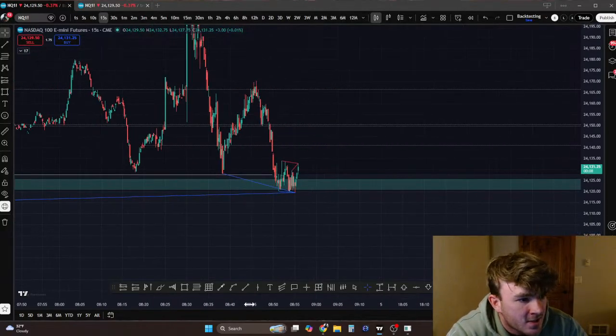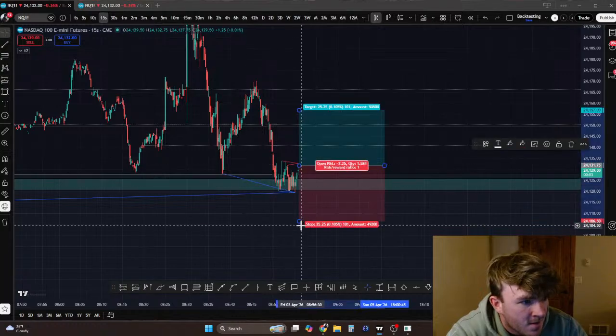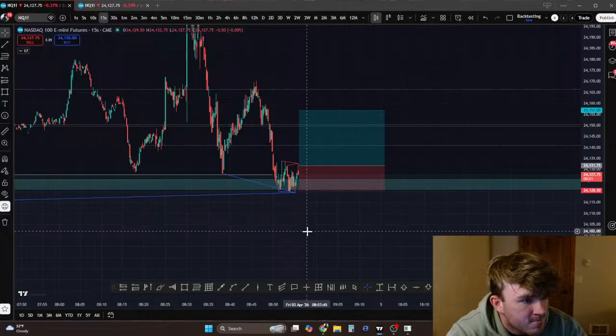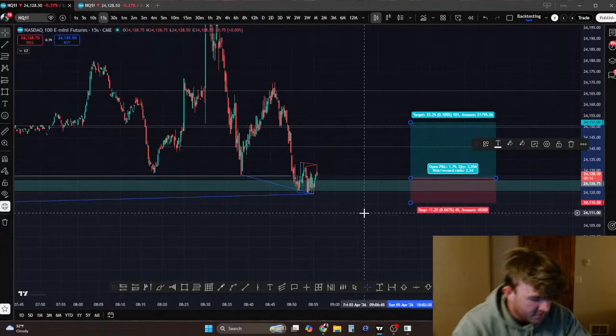So now we're getting change in state off of this. Let's try re-enter on this. Actually, we might want to wait for an internal sweep. Let's just wait.